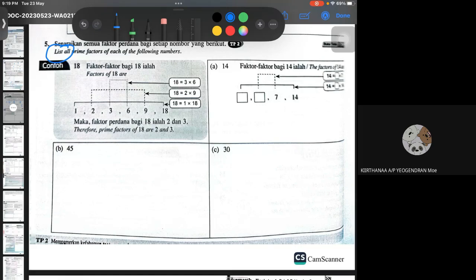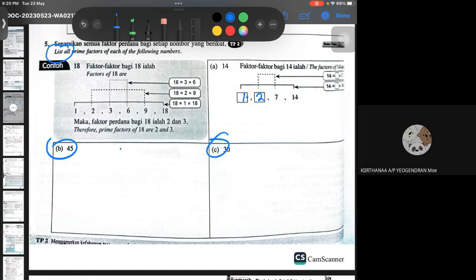For example, this one should be 1, 2, 7, 14. How about these numbers? You find the factors for 45 and 30 by listing. If they ask you to list, you must use the listing technique. You cannot use the long division. You know what I mean?